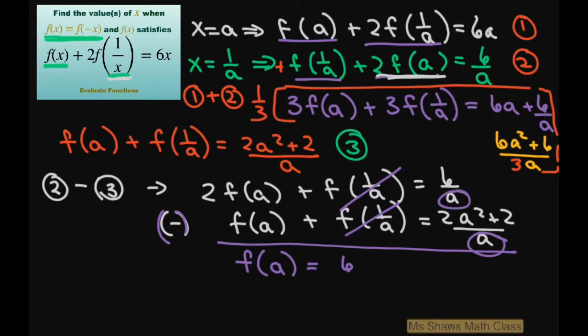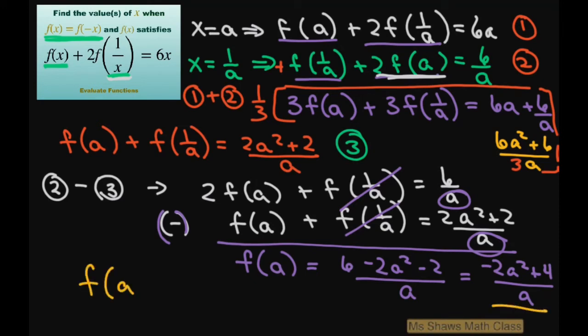So this is going to be 6 minus 2a squared minus 2 divided by a, which equals negative 2a squared plus 4 divided by a. And if you want, we can simplify this as f of a equals negative 2a plus 4 divided by a.